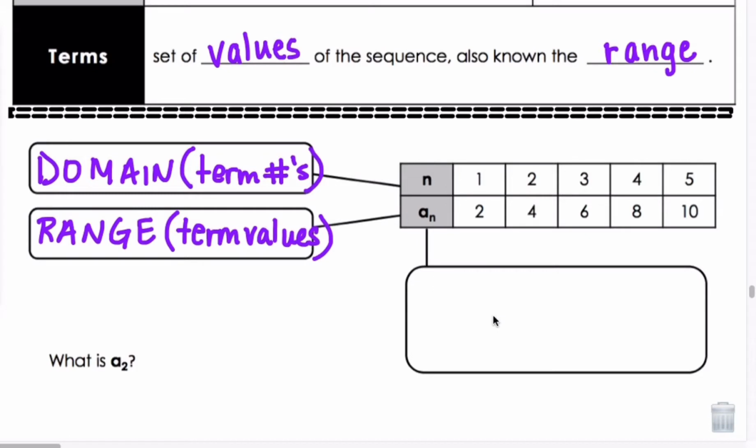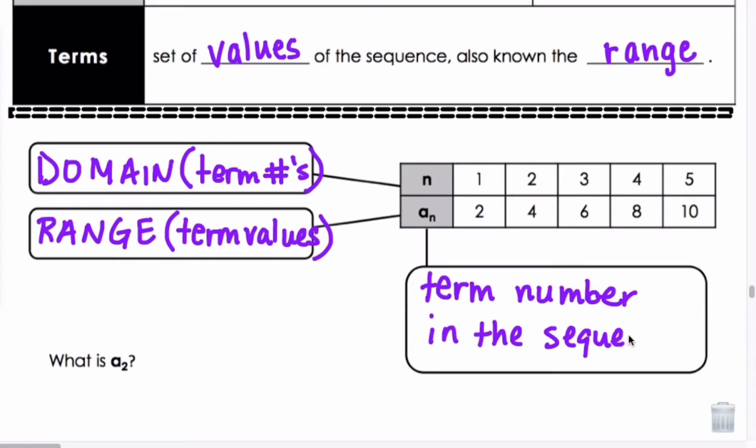And the last thing I want to label is a sub n, and it's the term number in the sequence. So for example, if I wanted to know a sub 1, I would say it like that.